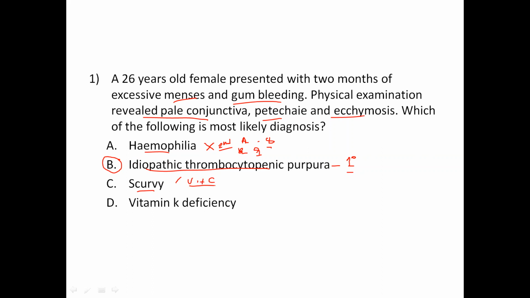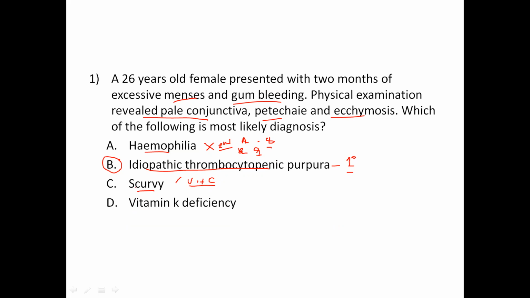So this question should have told us about the nutritional status of the patient. A patient with scurvy has poor intake of fruits and vegetables, or may have malnutrition or poor intake because of alcohol abuse, mental illness and other disorders. So scurvy is not the answer.